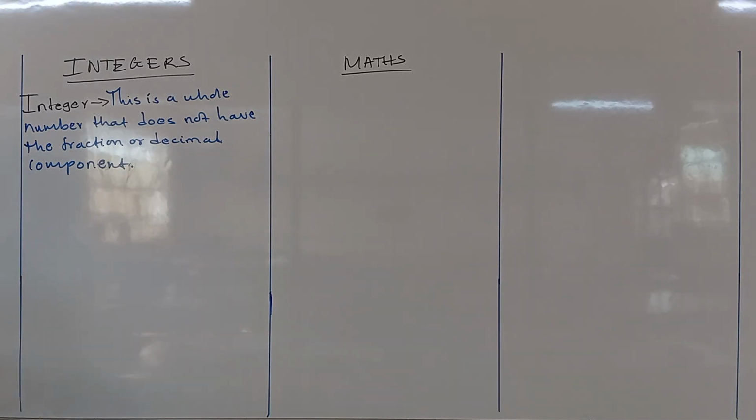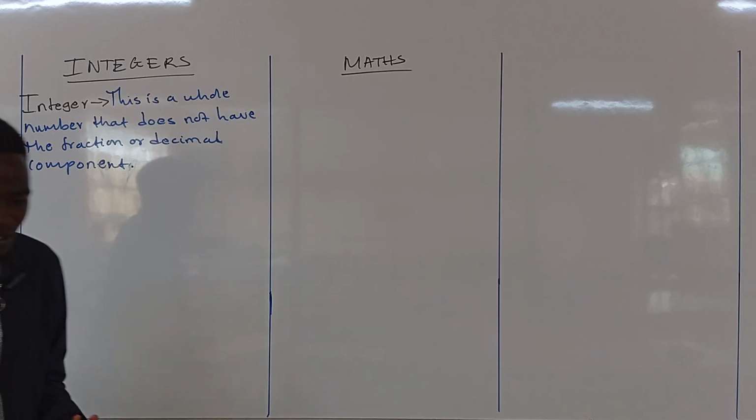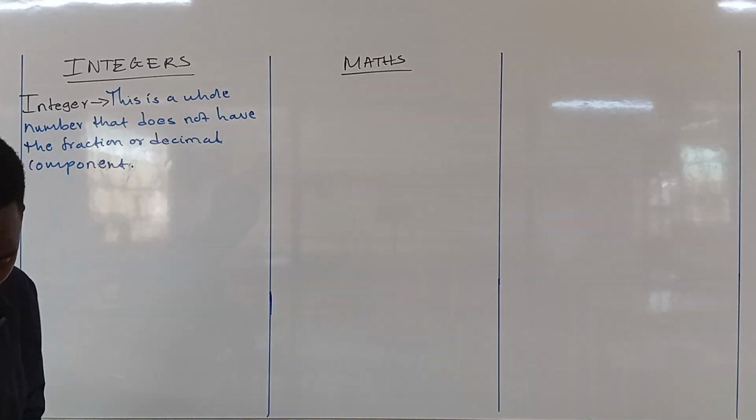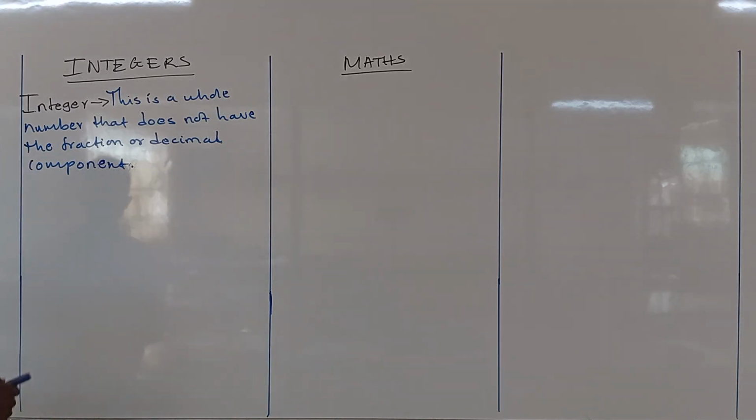So in this case, an integer is just a whole number that does not have the fraction or decimal component. So it means this, that when you're talking about an integer, you can also define what is an integer and non-integer.